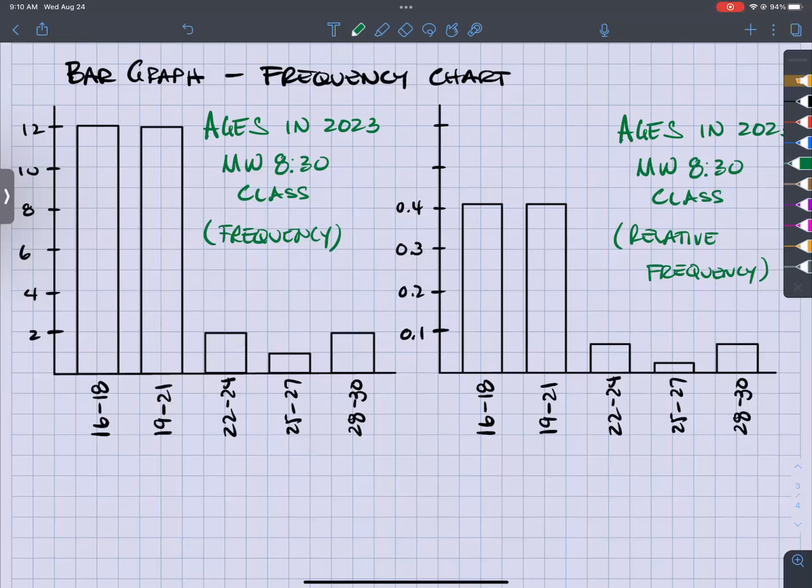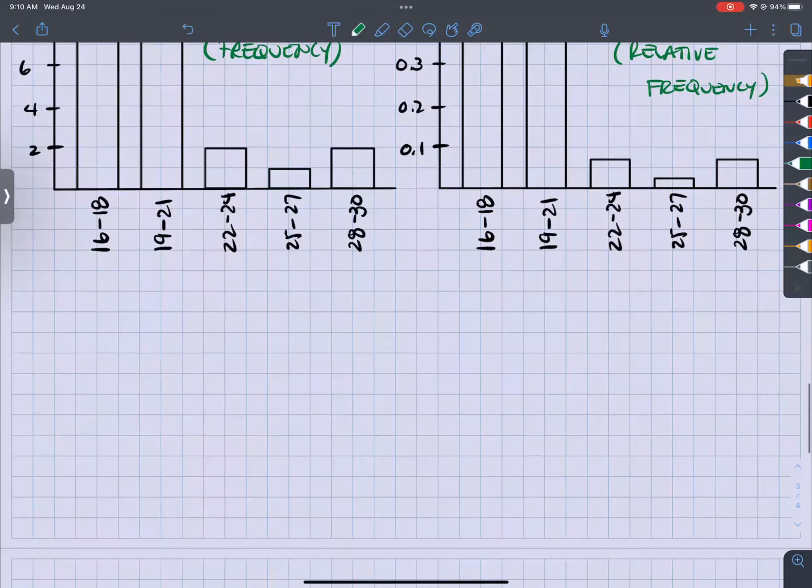Are we okay there? There is one more chart. Is that Pareto?